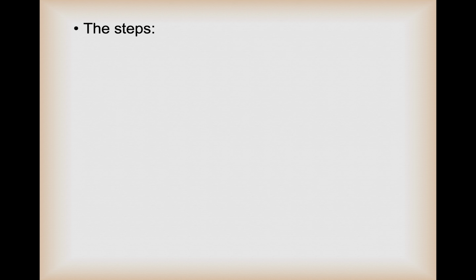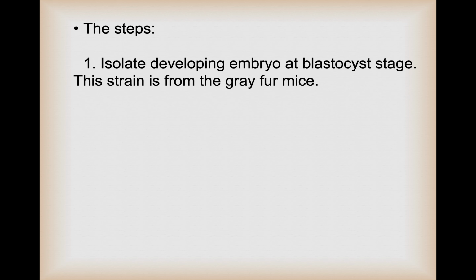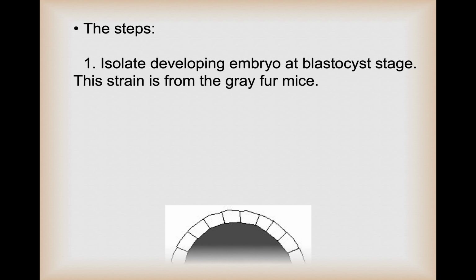So these are the steps to produce knockout mice. More or less they are similar to producing transgenic mice, but with some modification. First and foremost, you need to isolate the developing embryo at the blastocyst stage. Usually the color of the fur of the mice is important, and for this step they use gray fur mice.